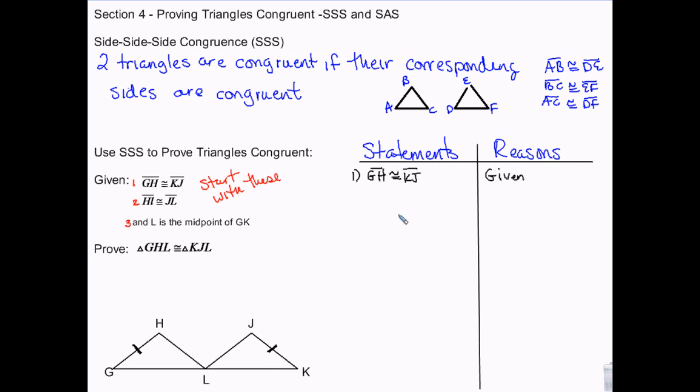My second line, HL is congruent to JL. Again, that's given. HL, that's a typo. Sorry. There's no HJ. HJ would go across here like that.